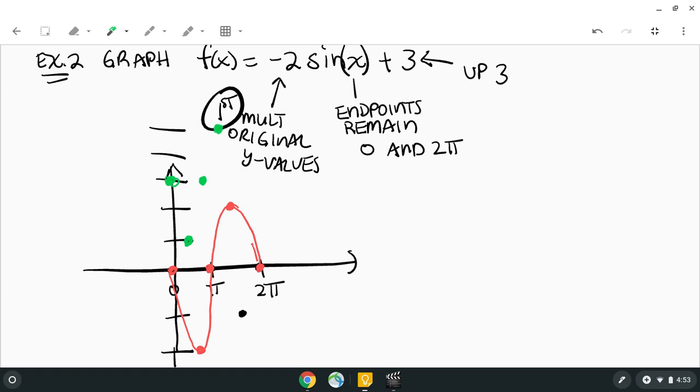So 1, 2, 3, 1, 2, 3, 1, 2, 3, and 1, 2, 3. So my final graph looks like this. That's what it looks like multiplied by -2, which makes it get stretched, and shifted up 3.